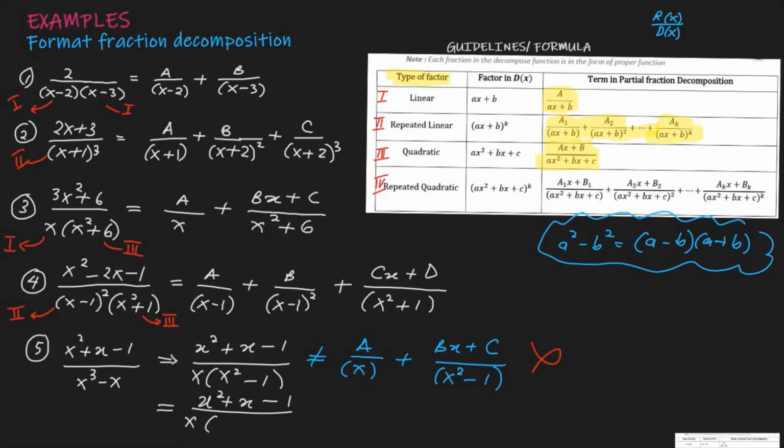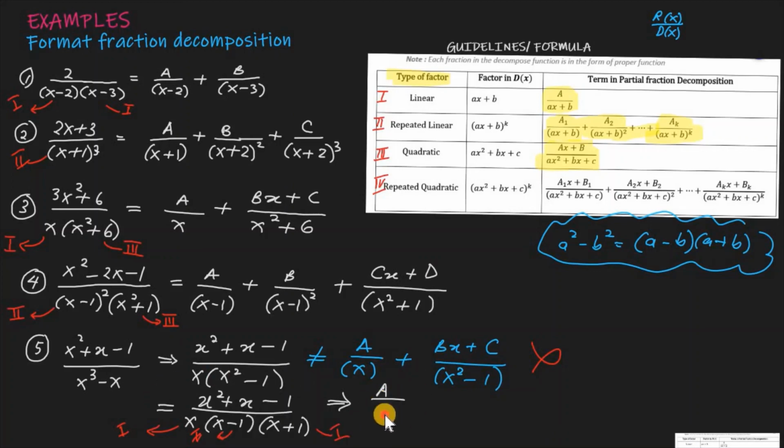So for this x squared minus 1, we can factorize it further such that it becomes (x minus 1)(x plus 1). So hence, how do we decompose it? Analyze. This is linear, case 1. This is also linear, case 1. And this is also linear, case 1. So how do we decompose it?